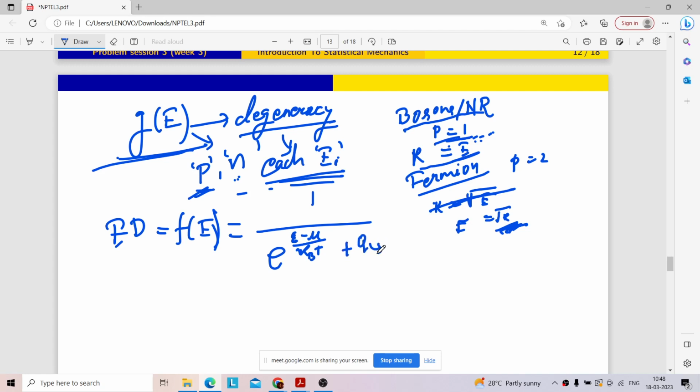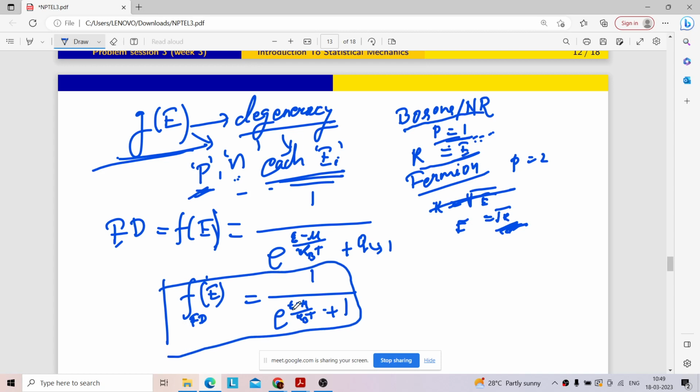Here there will be a Q, and this Q value will be 1. So this is 1 over e to the power epsilon minus mu over kBT plus 1, writing the general form. This is for the Fermi-Dirac distribution.